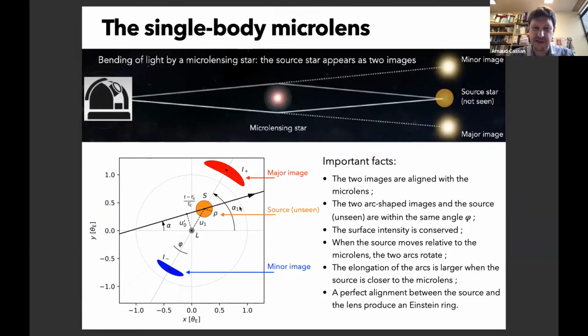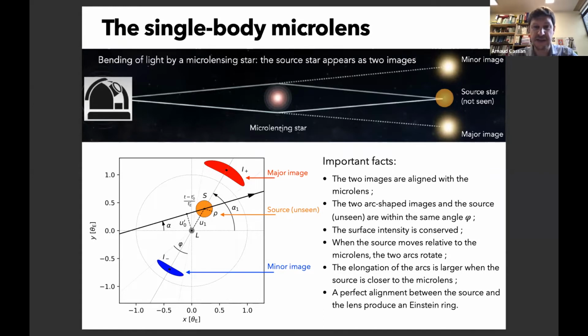So I have a second slide, which gives a few important facts that will be important for the following of the talk. It is the case of the single body microlens. You have the observer there, and you have the source star, which is a normal star, usually in the bulge, or in this case a bit outside of the bulge, but a distant star.